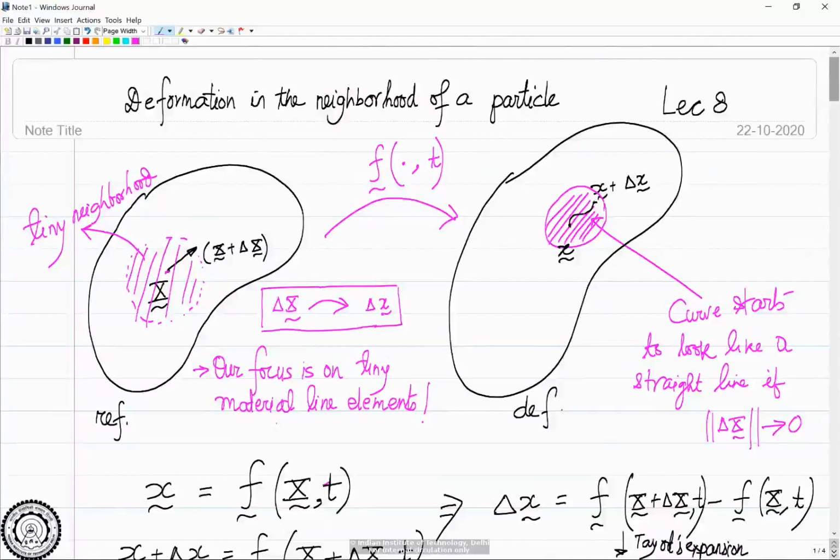And this has got nothing to do with linear or non-linear elasticity. Whether you are talking of linear elasticity or non-linear elasticity, your line elements have to be small, because I want to know what is happening at a point. If I take line elements to be of finite size, then I won't be talking about deformation at a point, because a finite size also contains points in the neighborhood of the point itself.